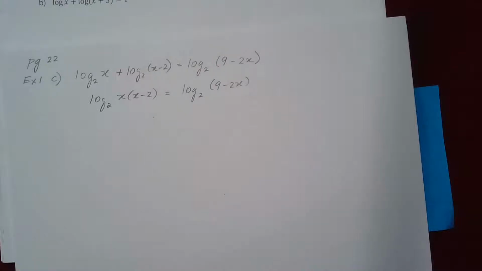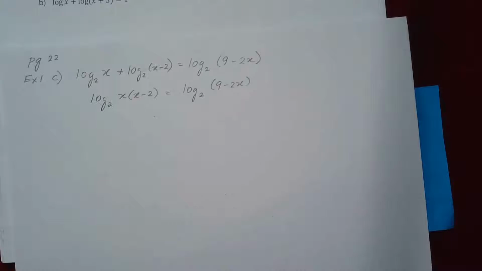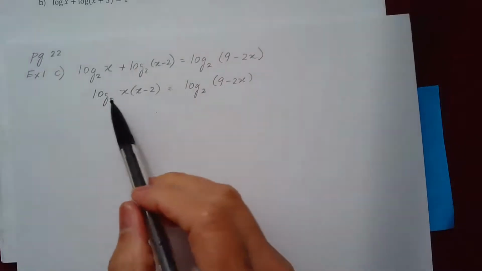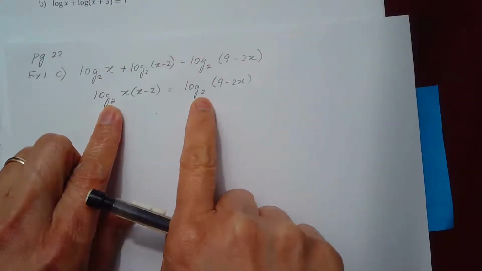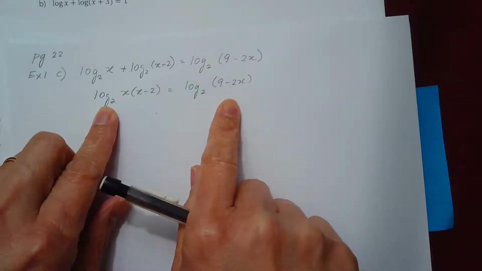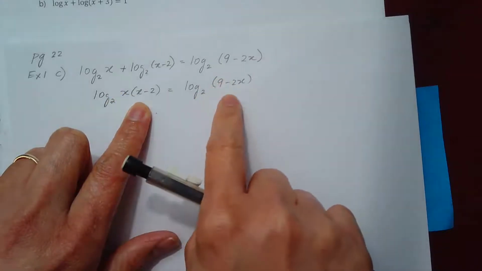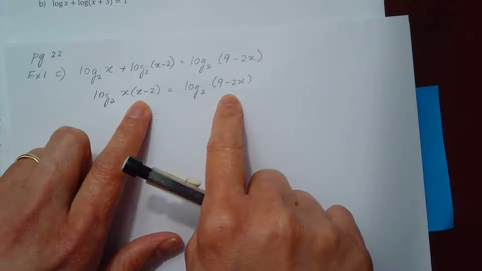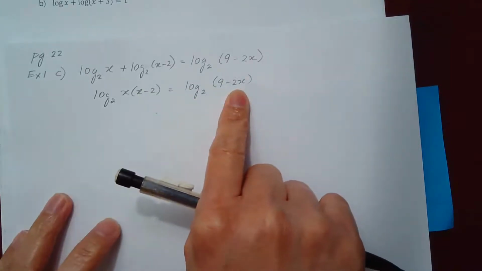What does that mean? So they are both base 2. Right? So if these are both the logarithm using the same base and they're equal to each other, so therefore x times x minus 2 is equals to 9 minus 2x.